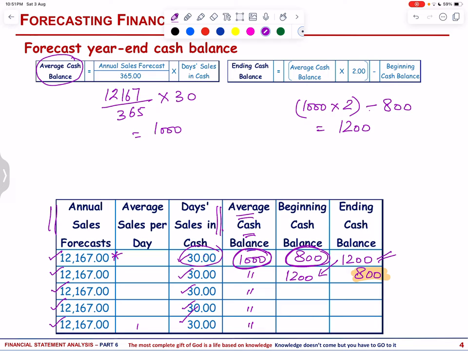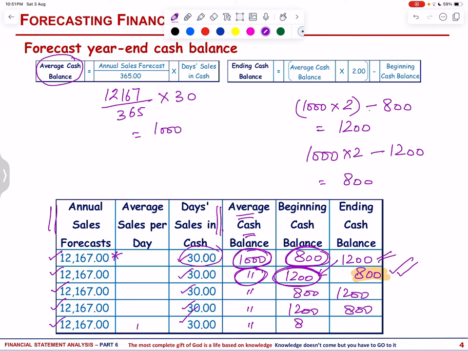So once again, we have the average cash balance of 1000 times 2, and now the beginning cash balance is 1200. So this is equal to 800, and that is what we mean over here. And in the same way, these are going to be alternate figures. The ending will become the beginning, and this will be 1200. Now this becomes the beginning, and that's how things will go.